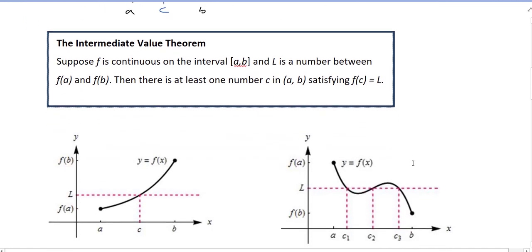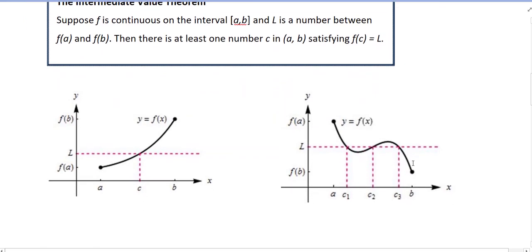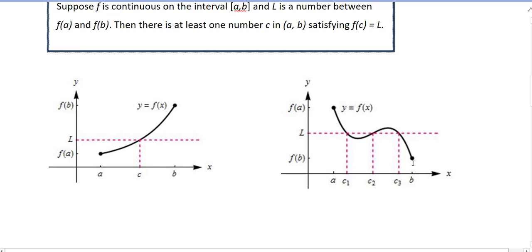So that is what the intermediate value theorem is telling us. If you have an increasing function, this is what it looks like: you have your closed interval AB, so it's continuous on the closed interval. Then if there's an L in between them, there's got to be a C on the axis that gives you that function value. And there could be multiple ones as well. That's what this graph is saying.